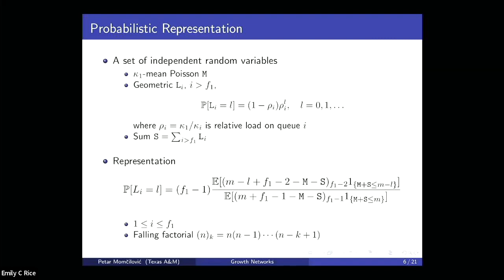And one thing to note here is that there is no free lunch. Before I had this enormous sum, or two sums. Now I have this. Okay, and the penalty that I'm paying for having this is I have this indicator here, and I have this falling factorial. So this is not a simple function here. It's a kind of falling factorial, so I'm stuck with this.